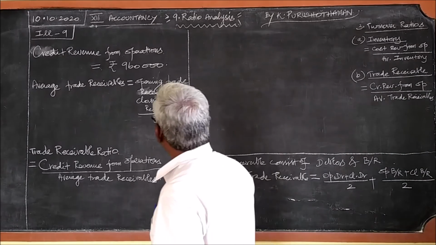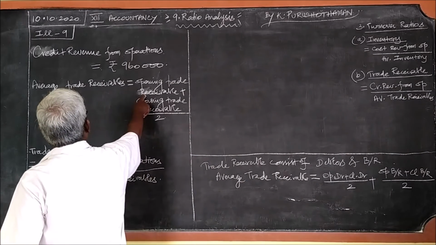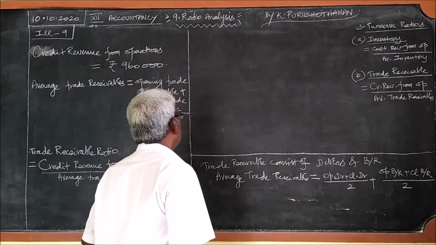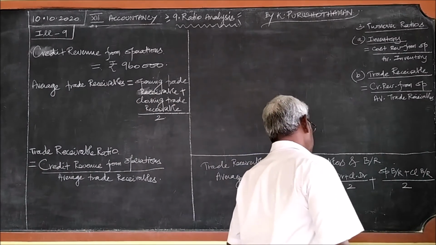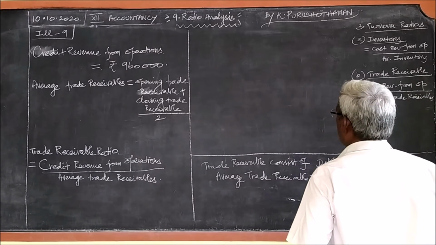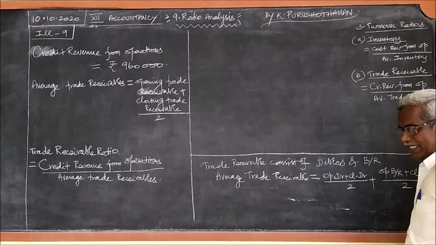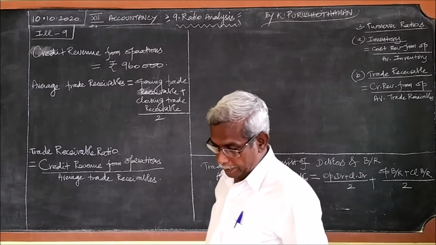But what I have written here is the opening trade receivable plus closing trade receivable. In the problem, what is given?